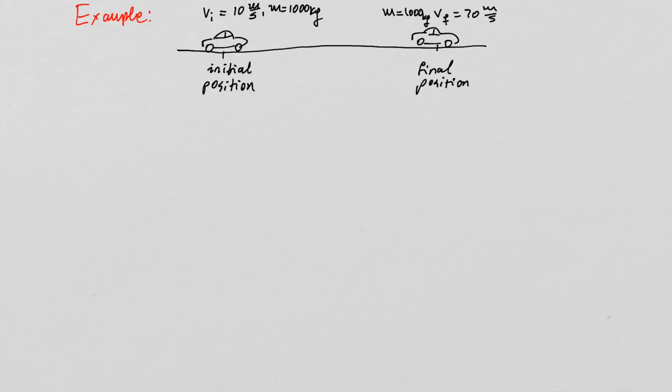And also, let's say that the time interval between the initial and final position is 5 seconds. So then the question is, how much force was applied on the car for this change in velocity to occur?